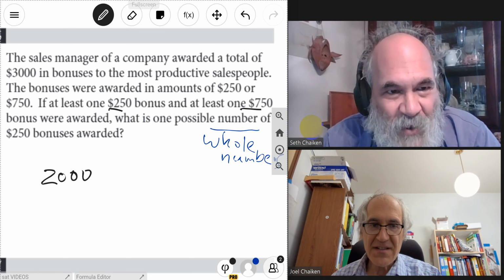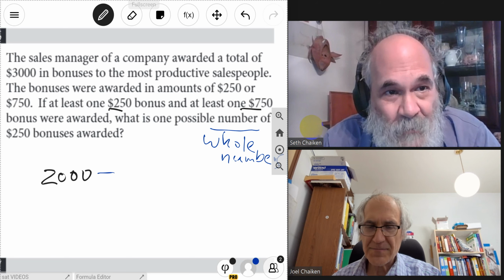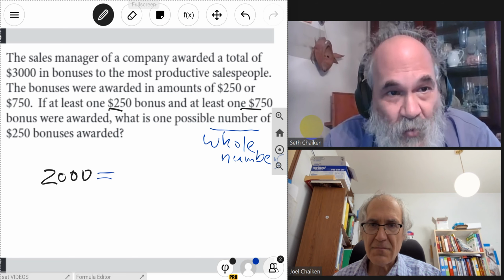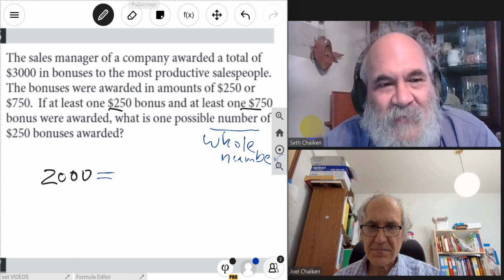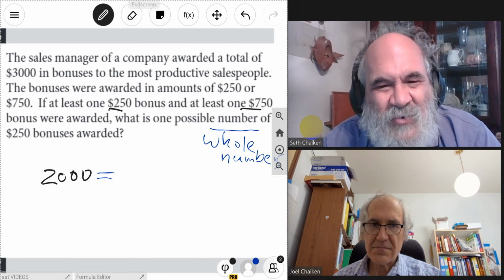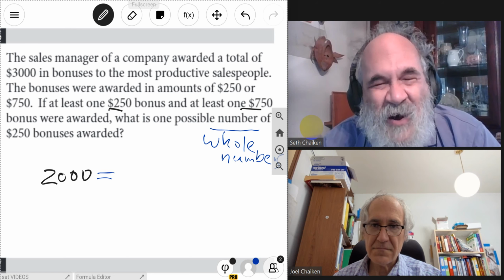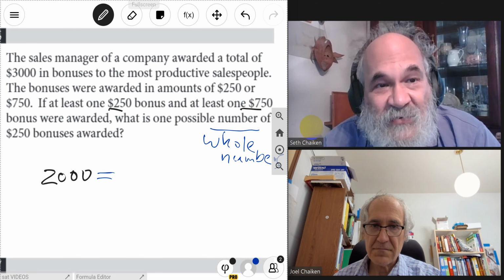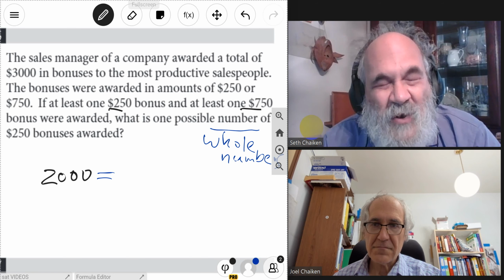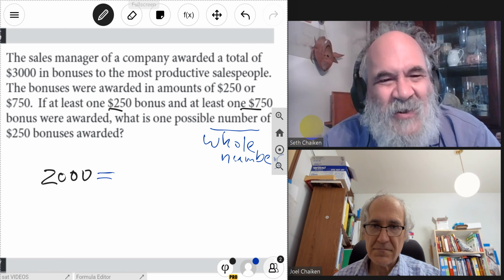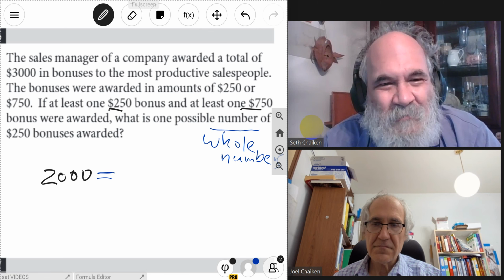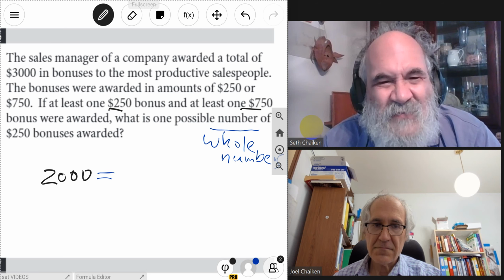So we have an equation. What is 2,000 equal to? Well, I'm inclined to use algebra. I'm inclined to define two variables, one for the number of additional 250 bonuses, and another for the number of 750 bonuses.